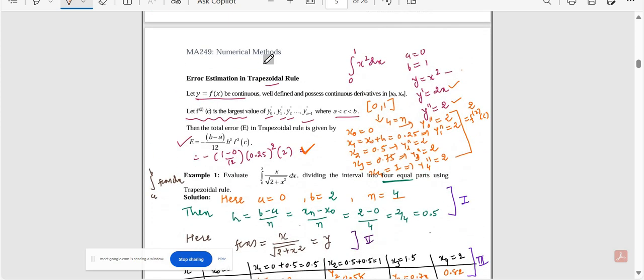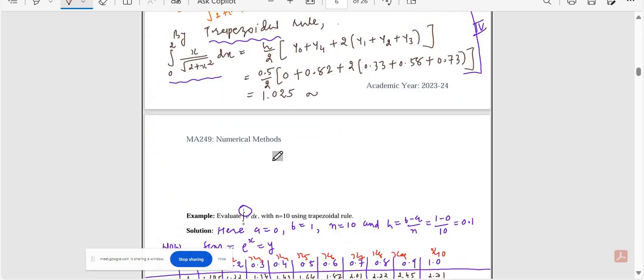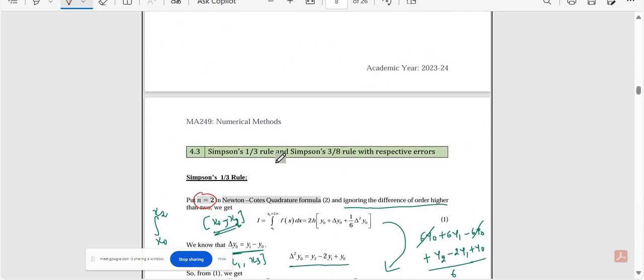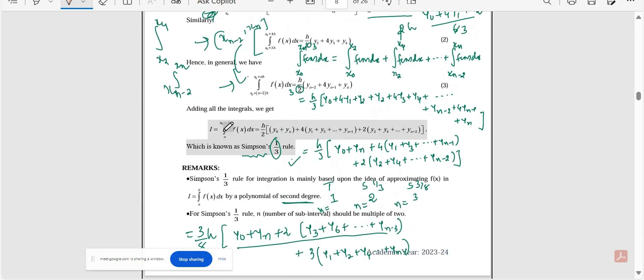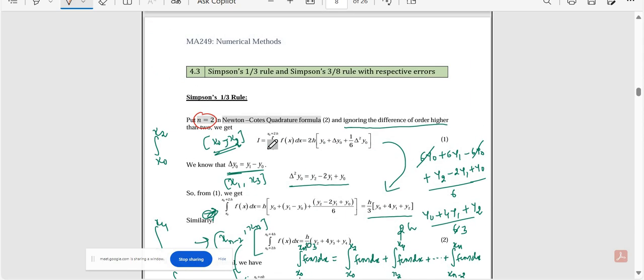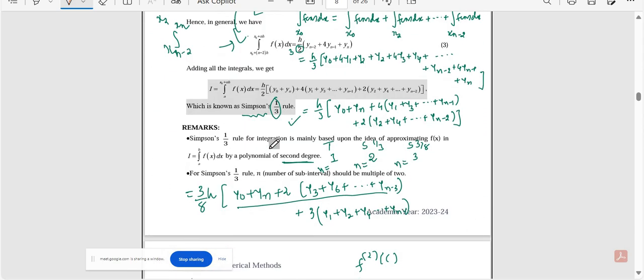The error is minus (b minus a) divided by 12 times h square f double prime of c, where f double prime of c is the maximum value of the second derivative. In the same way, the formula for Simpson 1 by 3 is h by 3 times y0 plus yn plus 4 times the odd terms y1, y3 up to yn minus 1, plus 2 times y2 plus y4 up to yn minus 2.